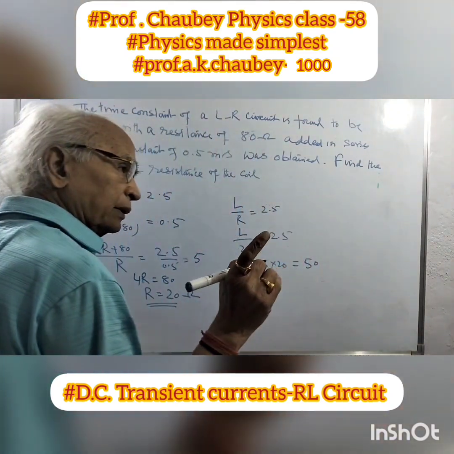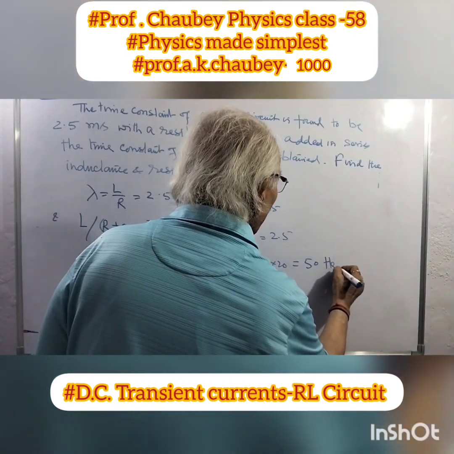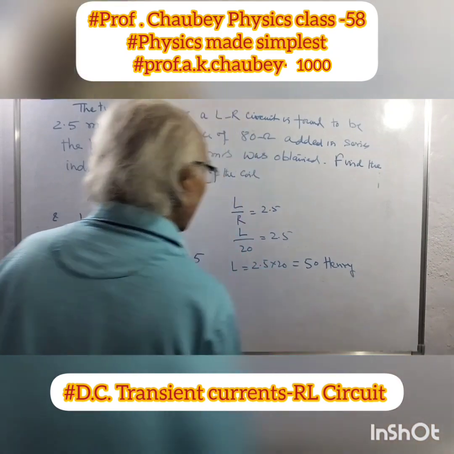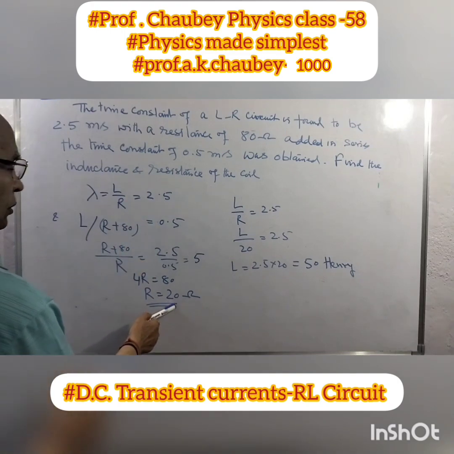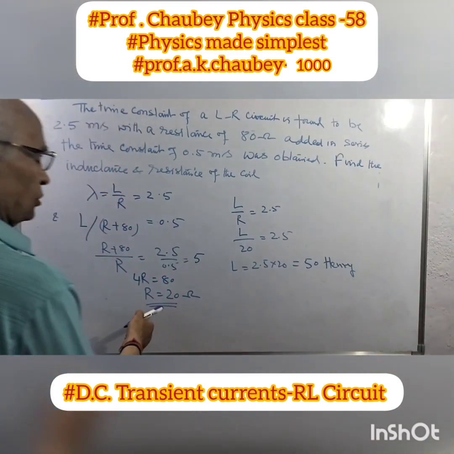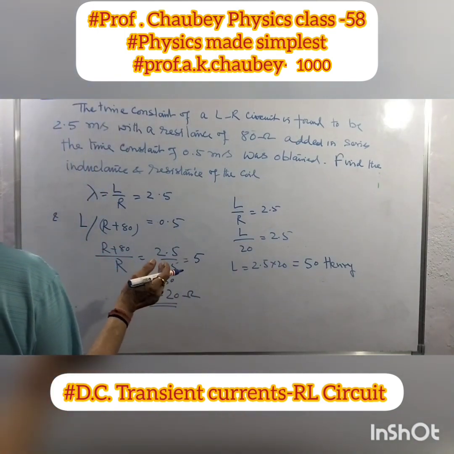And the unit of inductance is Henry, H. So this is a simple problem you can solve, and from this you get the resistance of the coil 20 ohm and the inductance 50 Henry. Fine.